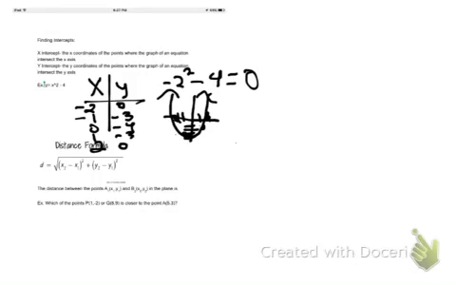So an example would be: which of the points P(1, -2) or Q(8, 9) is closer to the point A, which has coordinates (5, 3)? For something like this, you're going to have to take your A point and find the distance with Q, and then take your A point again and find the distance with P, and see which one is smaller. So we're going to do that here.